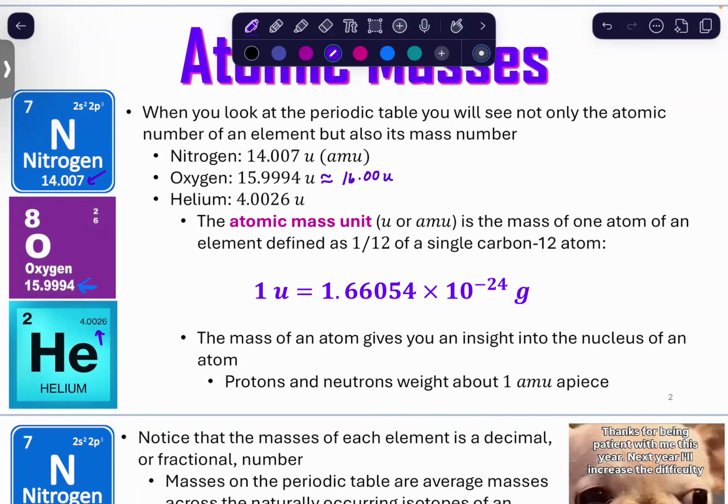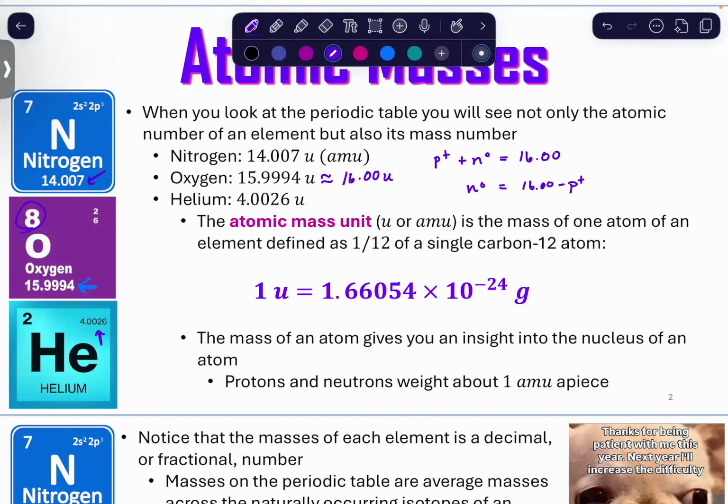In oxygen, you remember in the last chapter, we were talking about isotopes, and we know that when you take the number of protons plus the number of neutrons, you get the mass. So for oxygen, we're going to say that's about 16.0. My neutrons are going to be about 16.0 minus the number of protons.